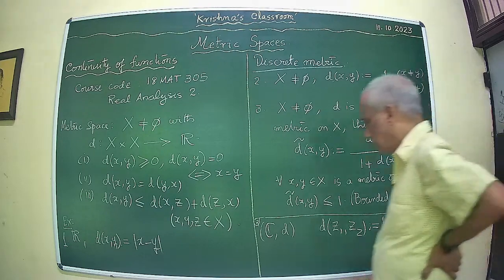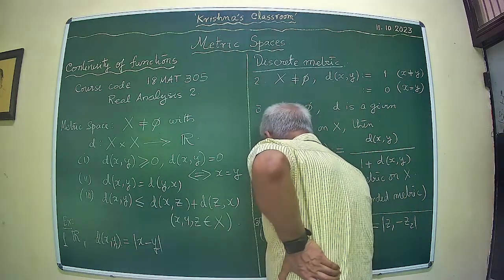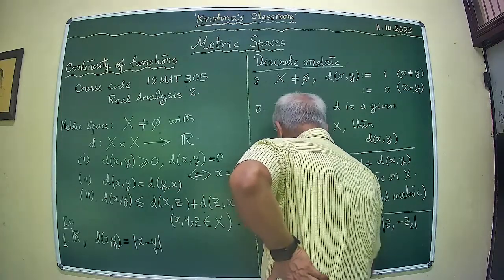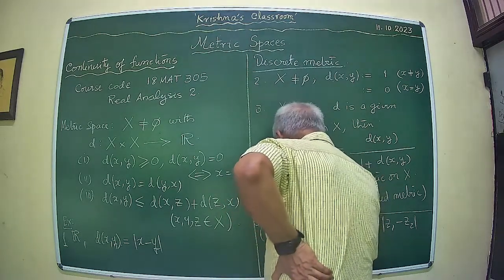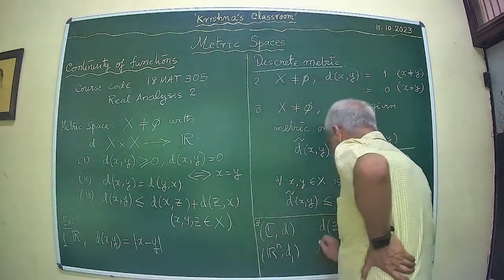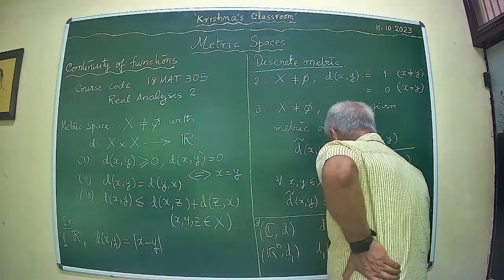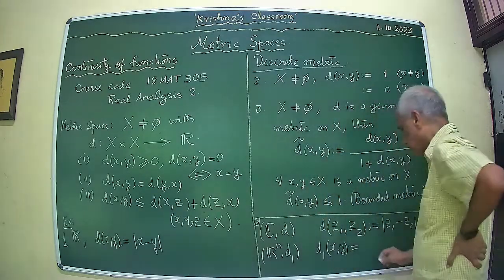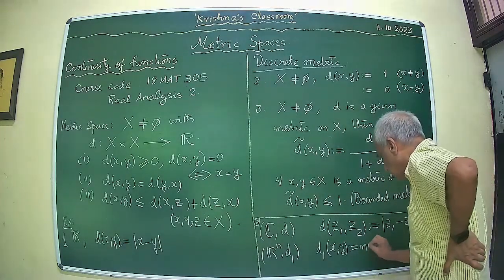Then you have on R^n, d1, so d1(x,y) defined as the maximum of these quantities.